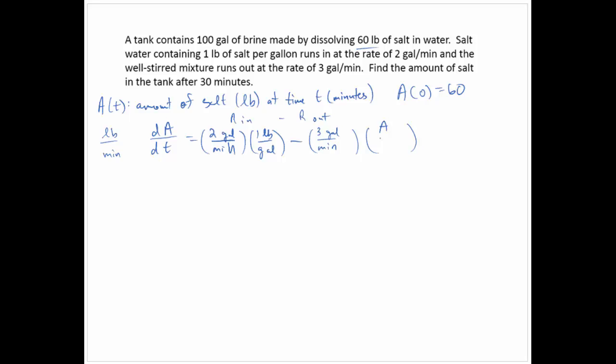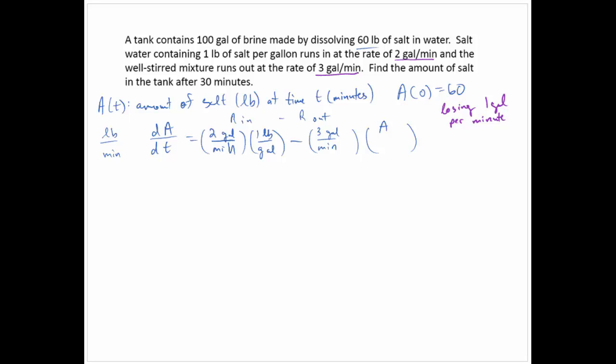Because in a sense, what's happening? It's coming in at 2 gallons per minute, and it's running out at 3 gallons per minute. So in a sense, it's losing 1 gallon per minute. There's a loss of volume of 1 gallon per minute.